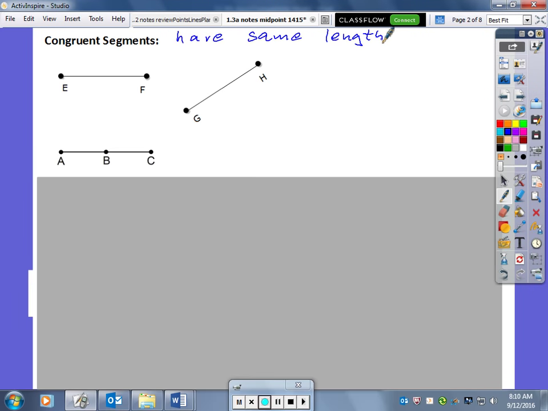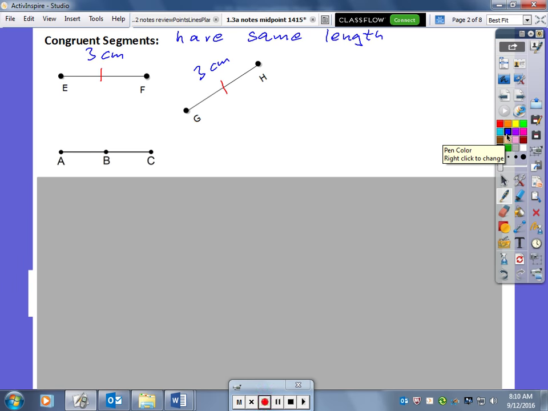If you look at these two segments, EF and GH, and you were to measure them with a ruler, you would find out that they both have the length of 3 centimeters. Both are 3 centimeters long, and that means they are congruent, which we can indicate with a little hash mark like that.